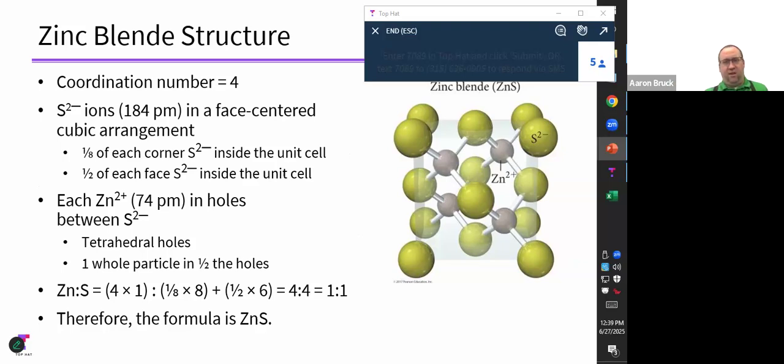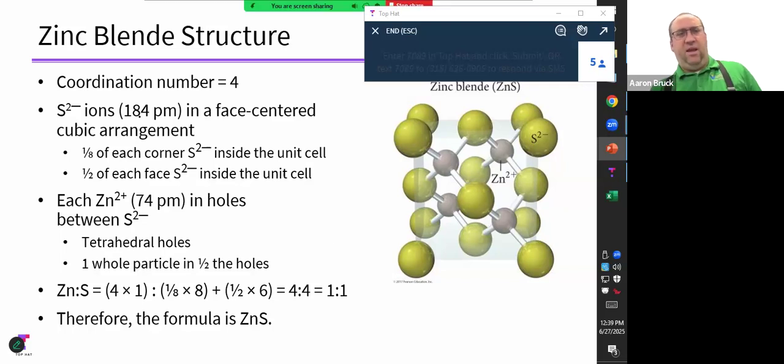Here's zinc blende again. In zinc blende, we see the tetrahedral holes being utilized by the zinc. So the sulfides here are in a face-centered arrangement. Face-centered would give us 4 sulfide per cell.